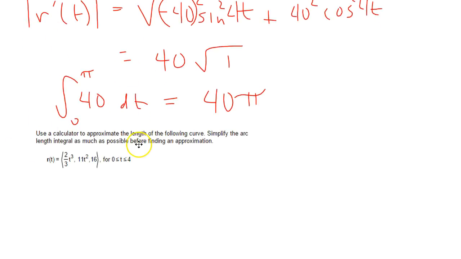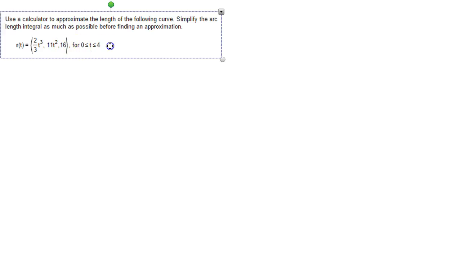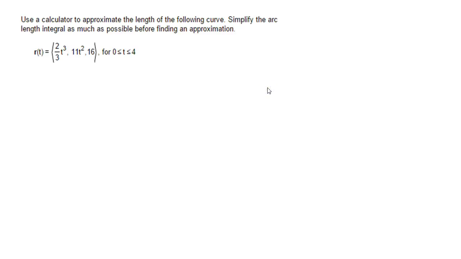Let me grab this into another page. We want to approximate the length of this curve. So I've got an r prime, I've got to find its derivative. So the 3 comes down, I'd have a 2t squared.